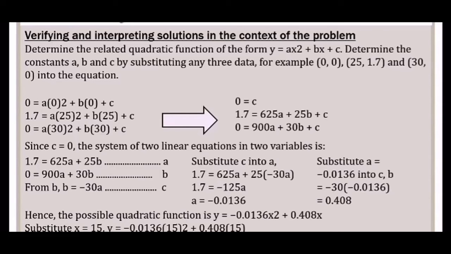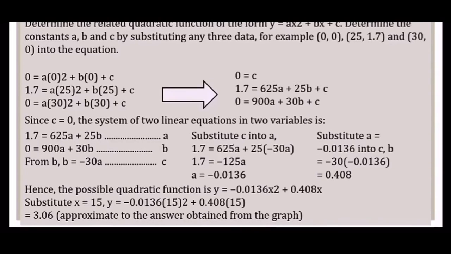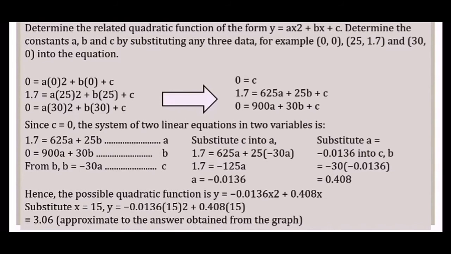Based on these three data points, we substitute into the equation to find the answer. After substituting, c is equal to 0. 1.7 is equal to 625a plus 25b plus c. 0 is equal to 900a plus 30b plus c.